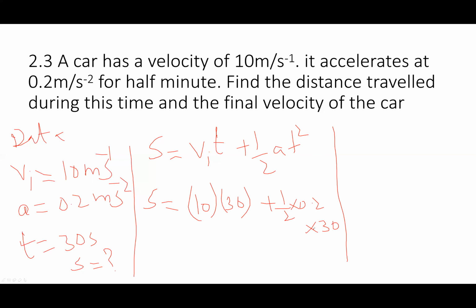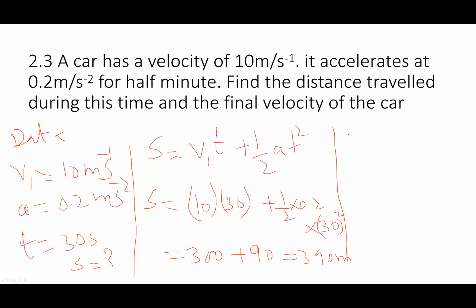So here we will get 300 plus 90. So 390 meter is the answer. Now find the final velocity. We have initial velocity, acceleration, time, distance. We will check which equation we can apply.